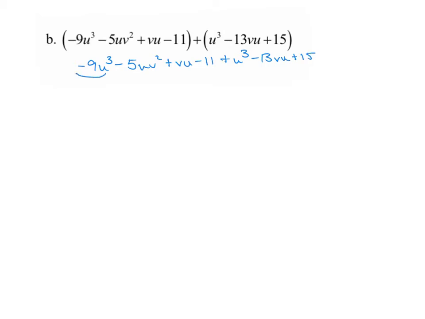So we have negative 9u cubed and u cubed combined to give us negative 8u cubed. Negative 5uv squared has nothing to combine with, so we'll bring it down. vu and negative 13vu gives us negative 12vu, and negative 11 plus 15 gives us plus 4.